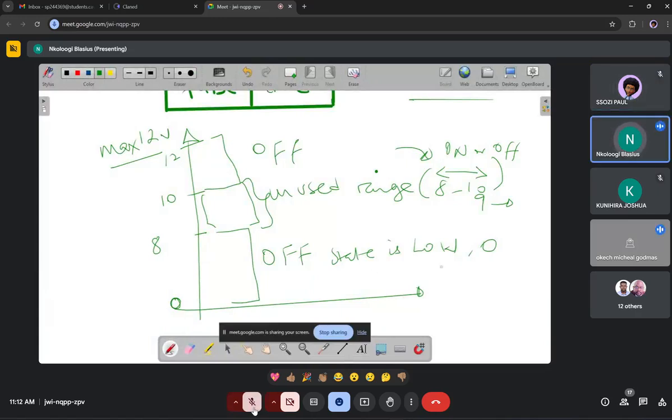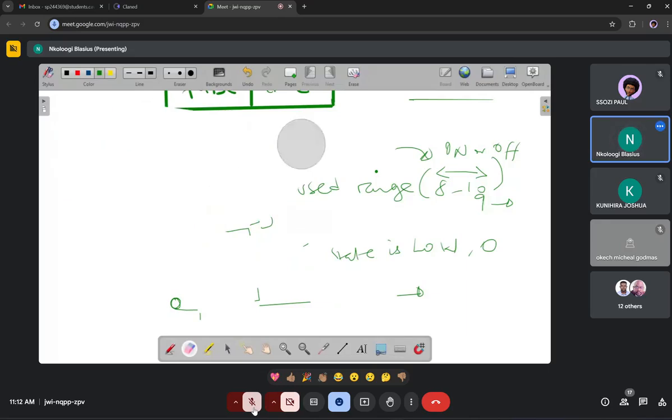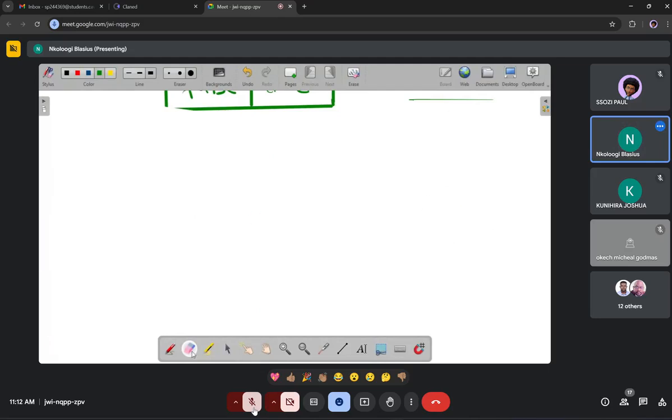Yes, so I was trying to explain that if you have a device and its maximum operating voltage is maybe V max of 12V, the range for it to go on is between 10 to 12V.